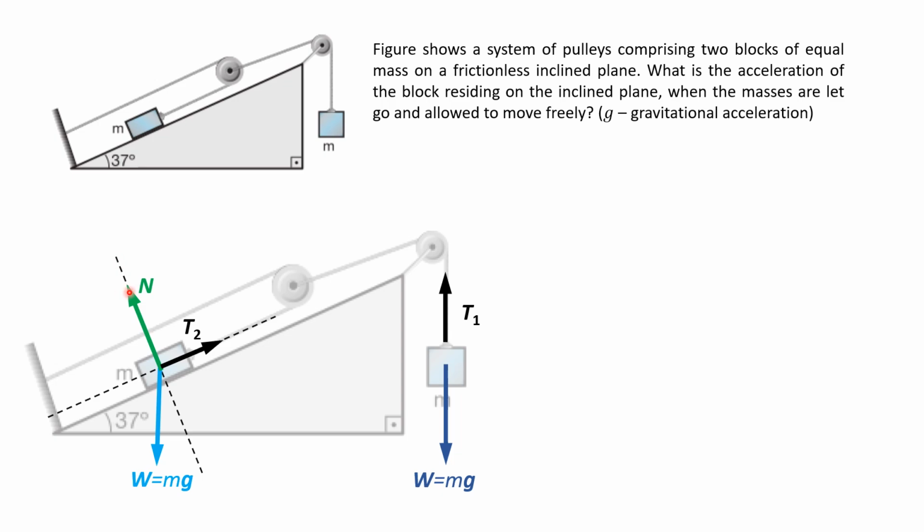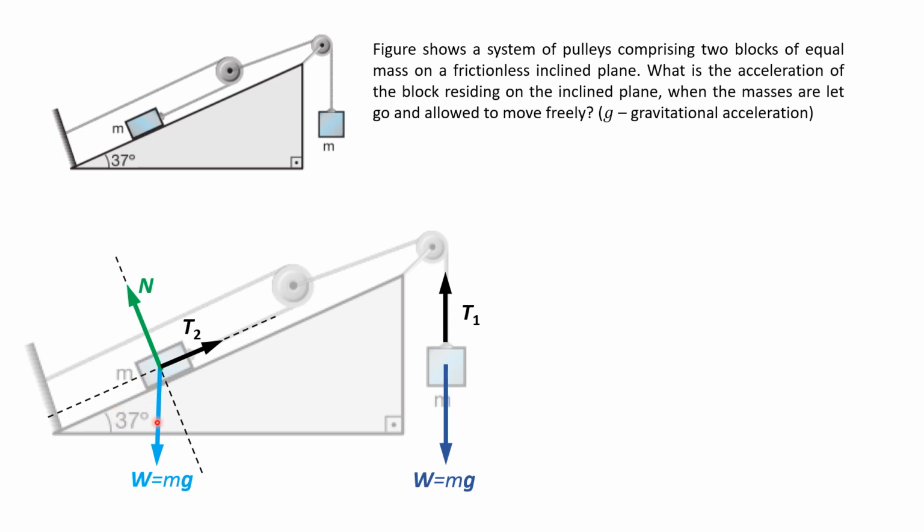Now, you notice that normal force and the tension force are along y and x direction respectively. The odd man here is weight, which is neither along x or y direction, right? So we have to represent this weight through its x and y components. If this angle is given as 37 degrees, then this angle is going to be 53.